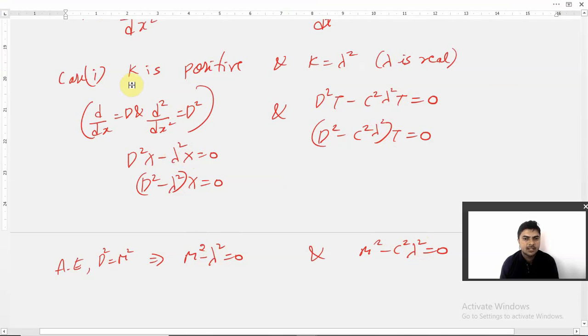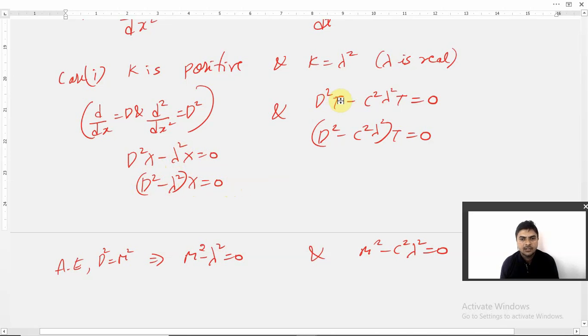Okay, I'll just repeat this. K is positive and k is equal to lambda square, where lambda is some real value I'm going to take. So just substitute in the previous equation. D square x minus lambda square x is equal to 0. D square minus lambda square remains, x is common, which is equating to 0.